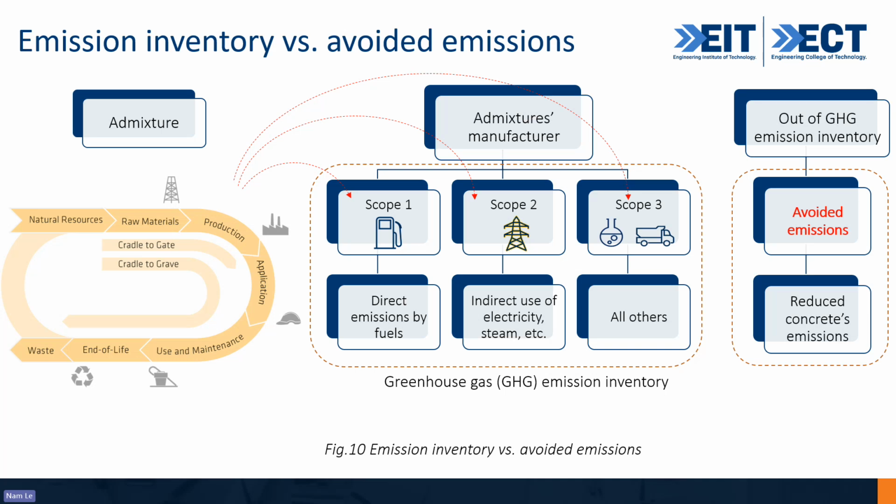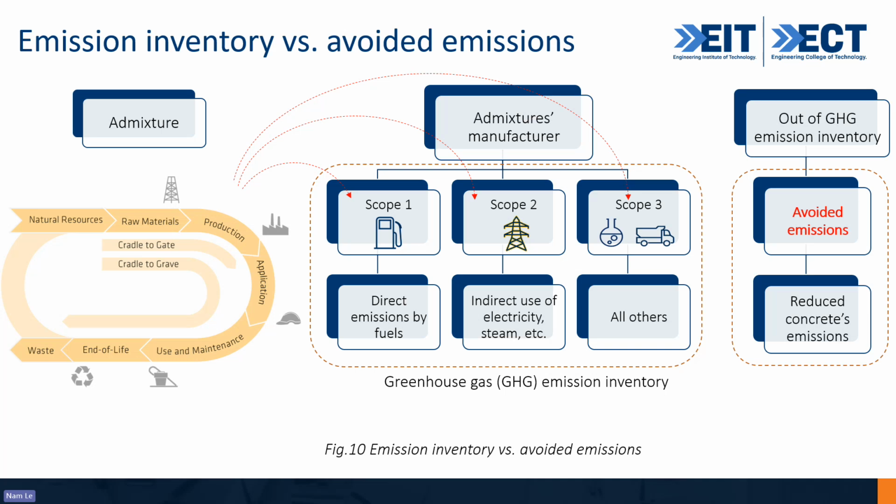All these things will be reflected in scope 1, 2, and 3 of the manufacturer's inventory. It means that as an admixtures manufacturer, the company needs to account for and be responsible for all the scope 1, 2, 3 they are associated with.